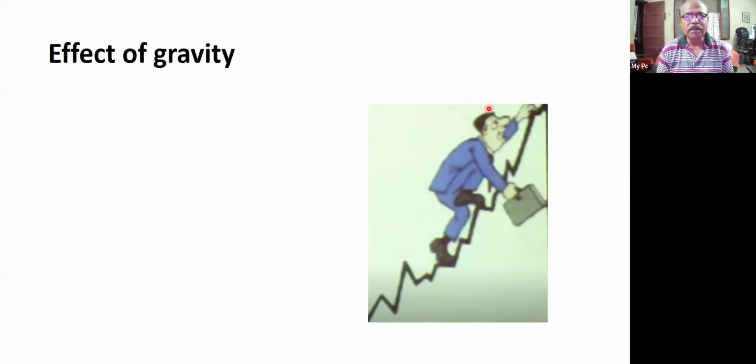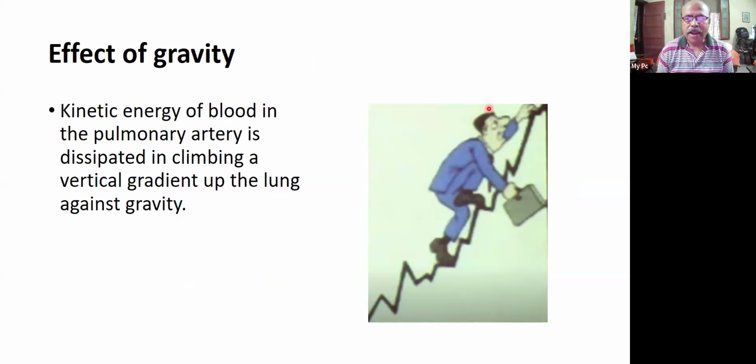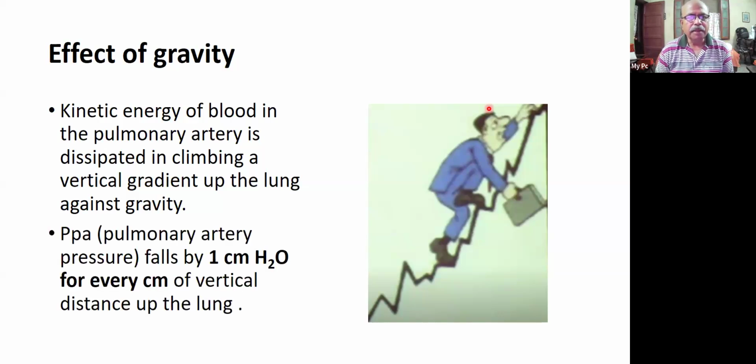The apex of the lungs is lying at a higher level than the heart in an erect posture, and so the kinetic energy in the pulmonary artery is dissipated in climbing up the vertical height. The pulmonary arterial pressure falls by 1 centimeter of water for every centimeter of vertical distance up the lung.